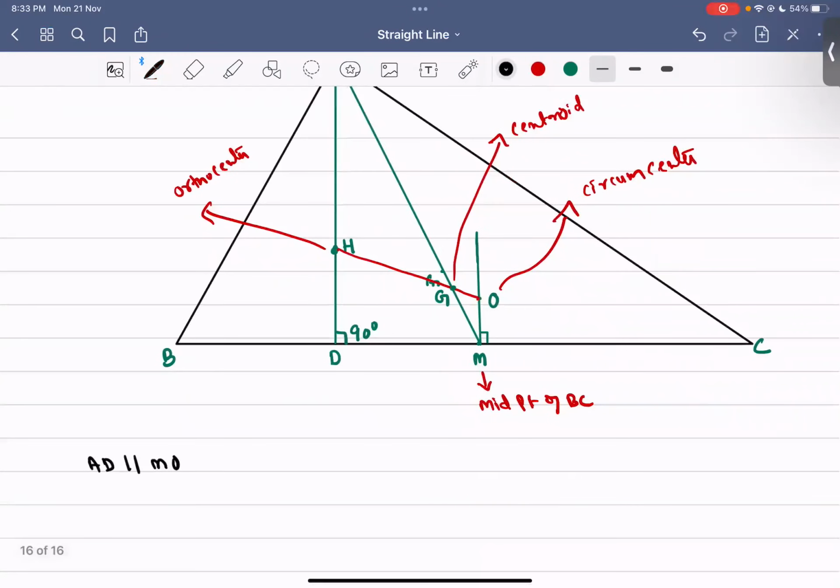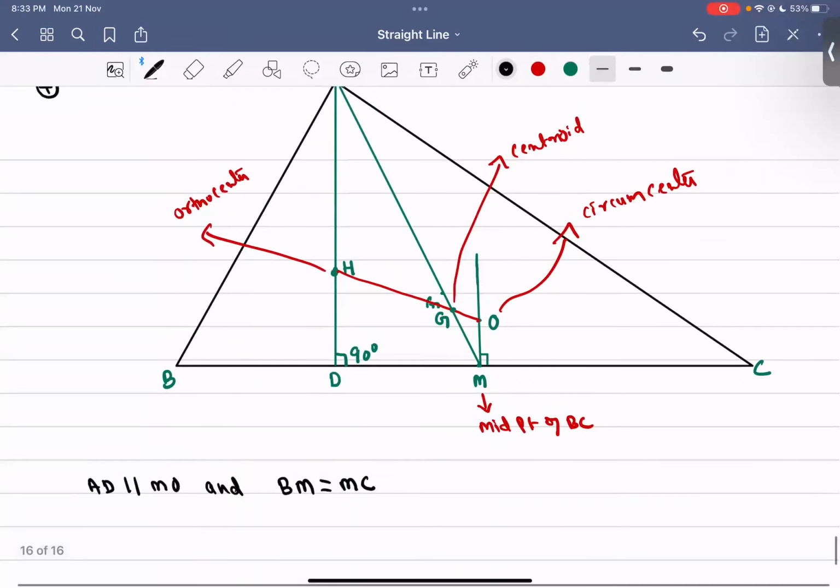AB line is parallel to MO and BM distance is equal to what? This distance. BM distance is equal to MC distance.